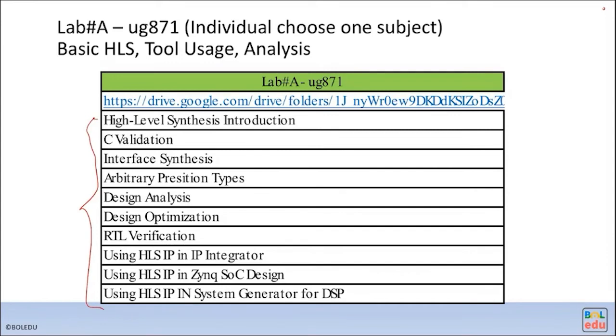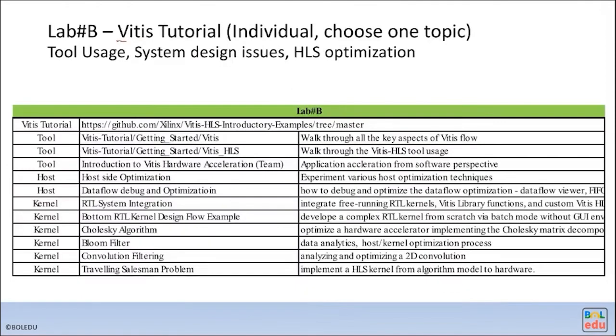The second lab is more complicated, because lab B is adopted from the Vitis tutorials, and those labs have existed for years, so they are well accepted by the industry.